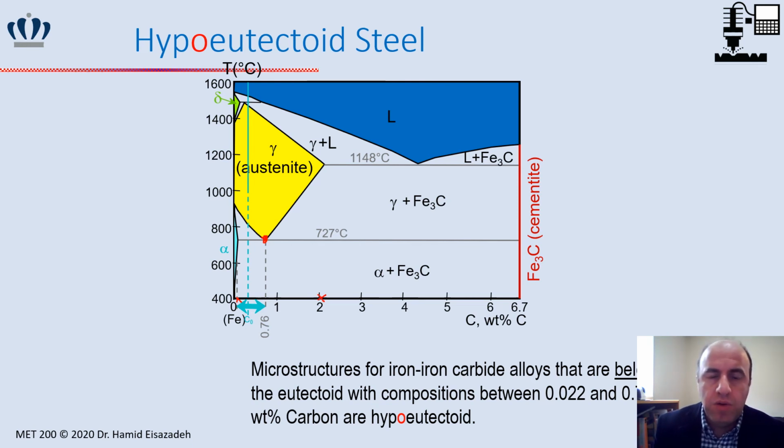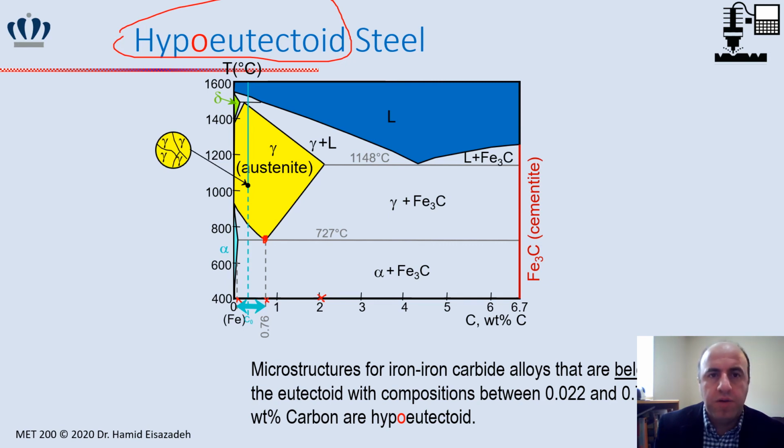If we look at steel that has a composition less than 0.76, we call that type of steel hypoeutectoid steel.